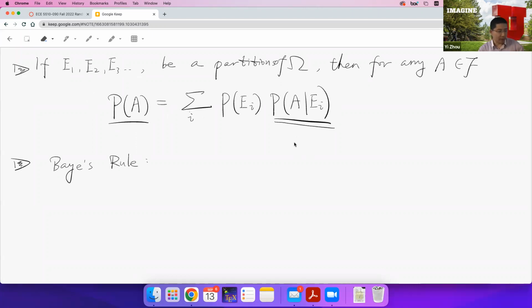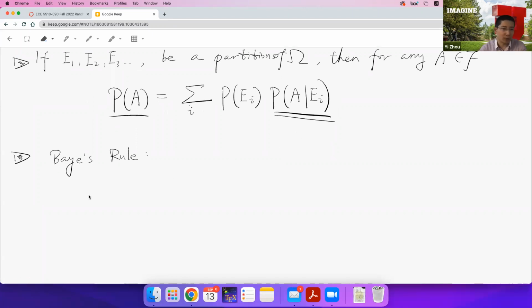But in many real life problems, we actually need to look at probability of EI conditioned on A. Well, EI is a certain partition of this omega space, and we are conditioning on the event A, and this event A is the event of interest.